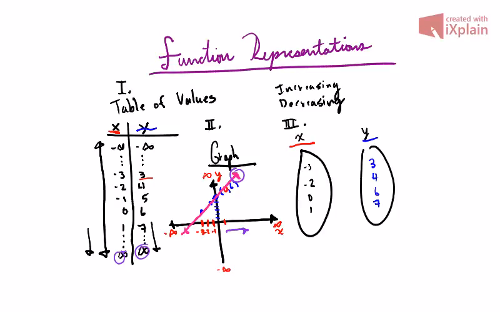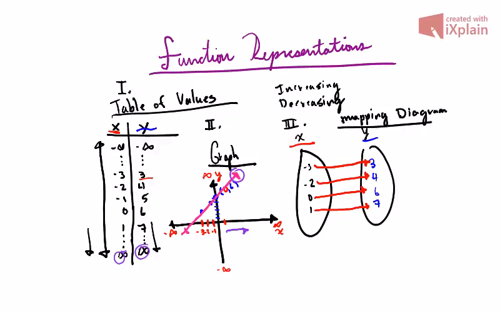So x got mapped onto 3, negative 2 got mapped to 4, 0 got mapped to 6, and 1 got mapped to 7. So we've got the table of values, the graph, and this is a mapping diagram. Another vocabulary term is that it's also called a function map, and that's the correct term commonly used throughout math.